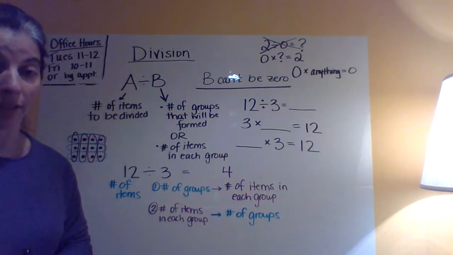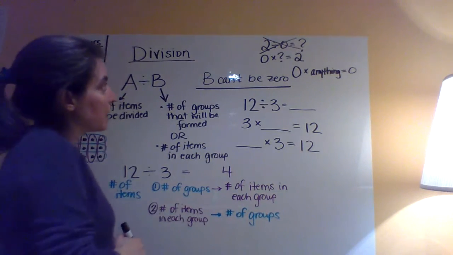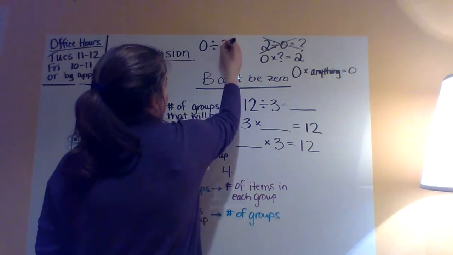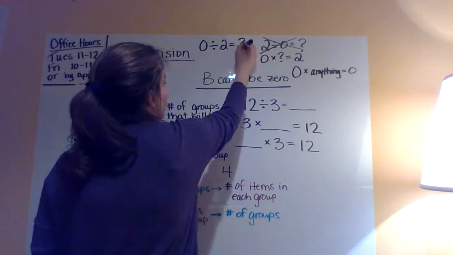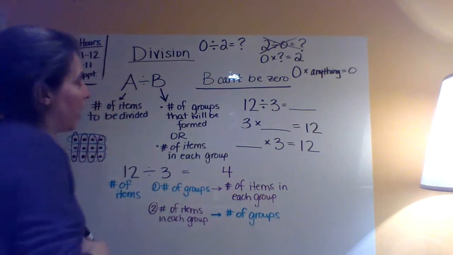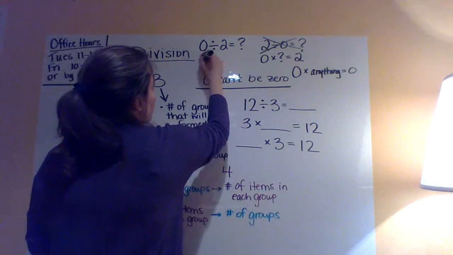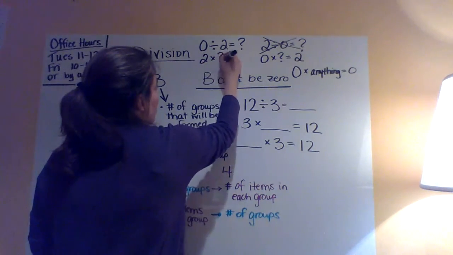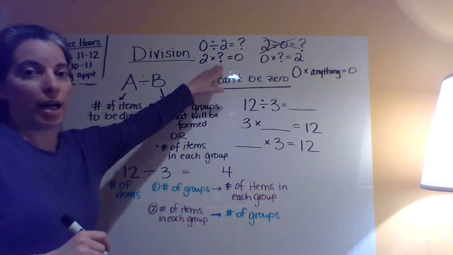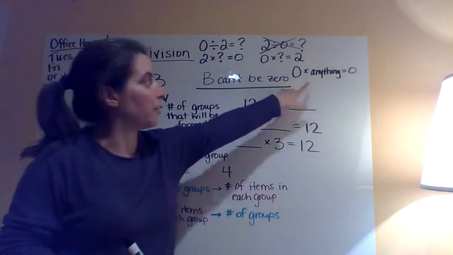Okay, on the other hand, can we divide 0 by some number? So could I have 0 divided by 2? Well, we can. Okay, and let's see why. Now I'm saying 2 times some unknown number equals 0. Well, what do I have to multiply 2 by to equal 0? Think about this, right?